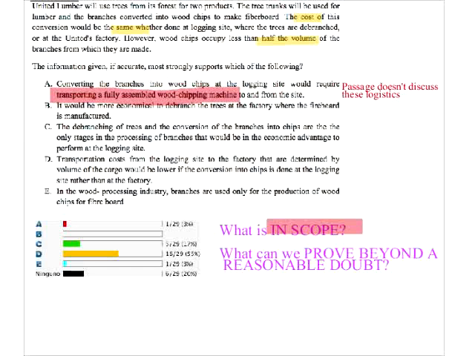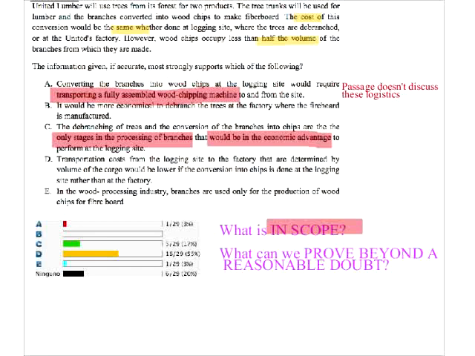It would be more economical to debranch the trees at the factory. Cost is the same. So that's not supported. It's not out of scope, but it's not supported. Only stages in the processing of branches, and that would provide an economic advantage.